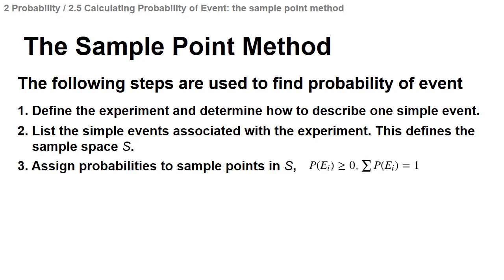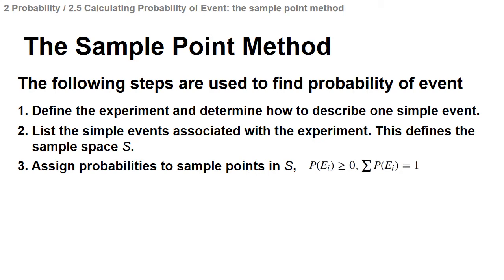Third, we assign probabilities to sample points in S, which is, for all the simple events Ei, we assign probabilities greater than or equal to 0, and the sum of all probabilities of simple events is equal to 1.